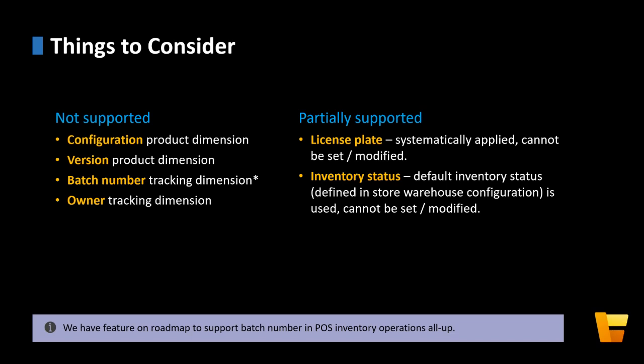POS users cannot change or manage the license plate data as of now. And for items that require inventory status, the status field cannot be set or modified through the POS application. And the default inventory status that is defined in the store warehouse configuration will be used.